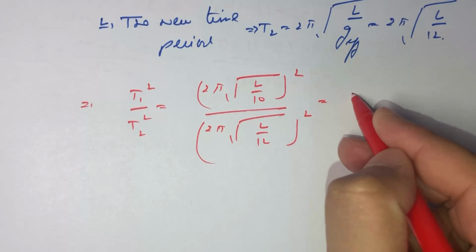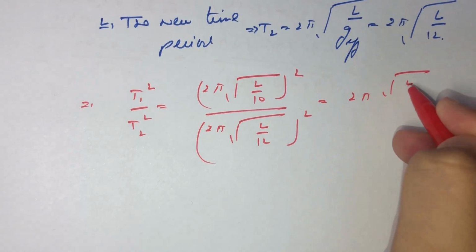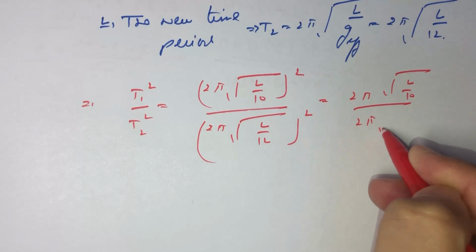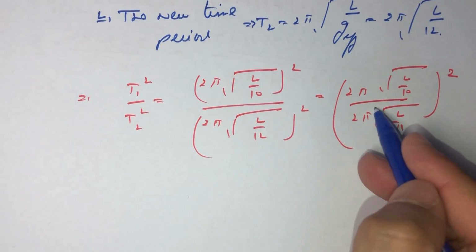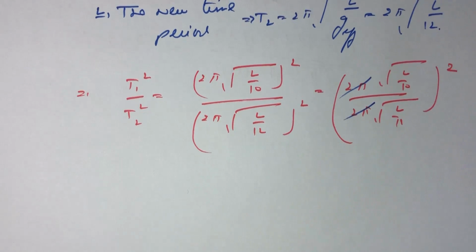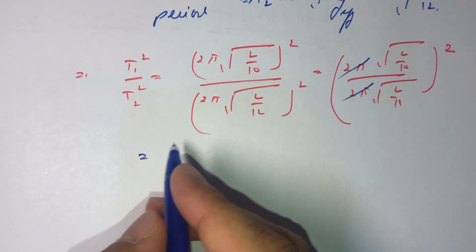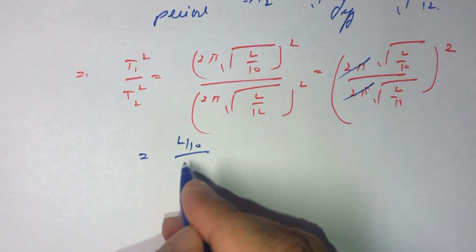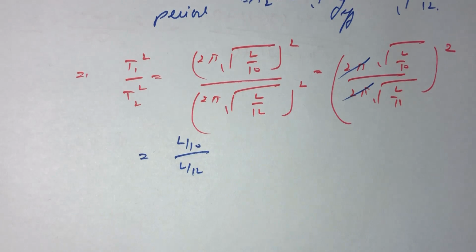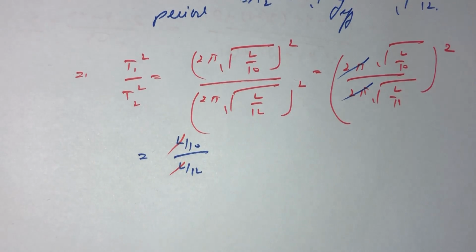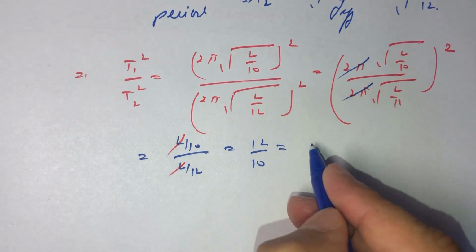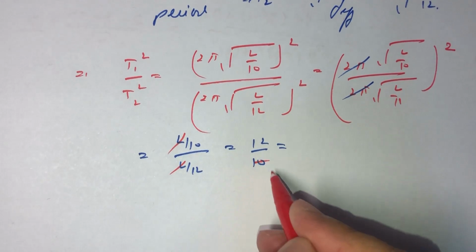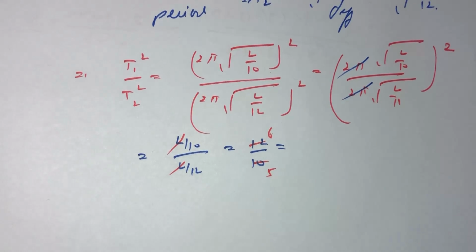Pi goes with pi, square root cancels with square root, and we are left with L upon 10 and L upon 12. Here L and L cancel. This becomes 12 upon 10, and we can cancel it by 2. So this is 6 upon 5.